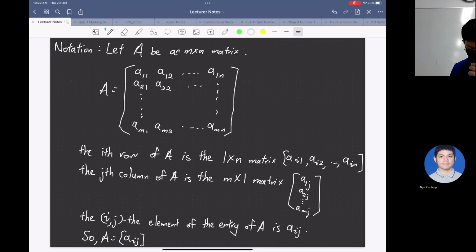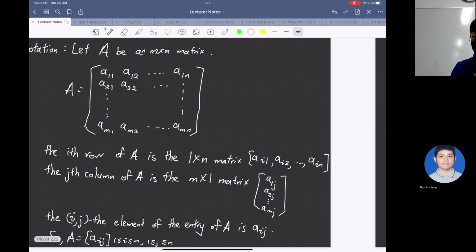If you want to tell people the range, you could add on the side that i goes from 1 to m and j goes from 1 to n. If you want to write this in code, this notation is how you tell the computer.